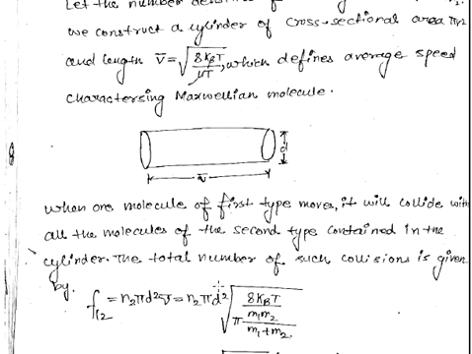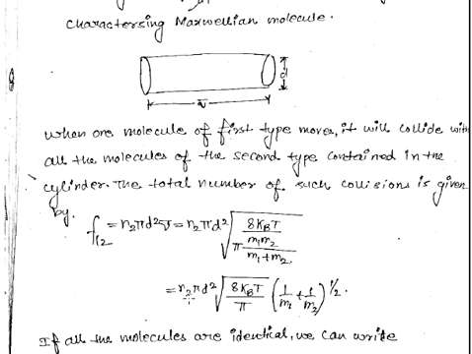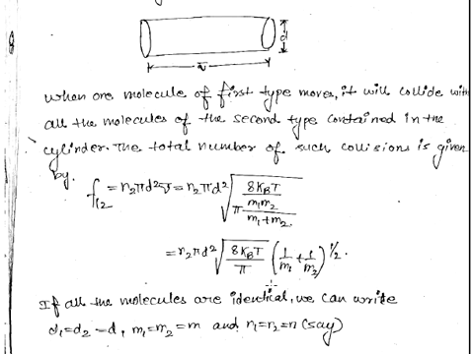Now I'm going to put the value of v bar over here, and after that I'm going to resolve it. So what you get is n2 pi d square root over of 8 k_B T by pi, and 1 by m1 plus 1 by m2, to the power half. If all the molecules are identical, we can write d1 equal to d2 equal to d, m1 equal to m2 equal to m, and n1 equal to n2 equal to n.